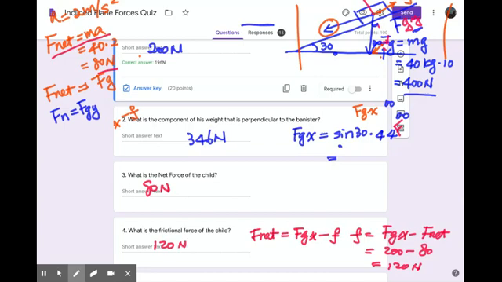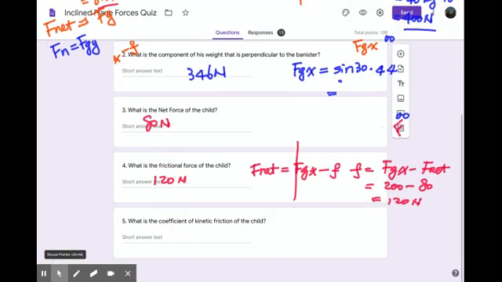The last one is, what is the coefficient? Remember, the friction is equal to coefficient times normal force. So in order to find the coefficient, it is friction divided by normal force.